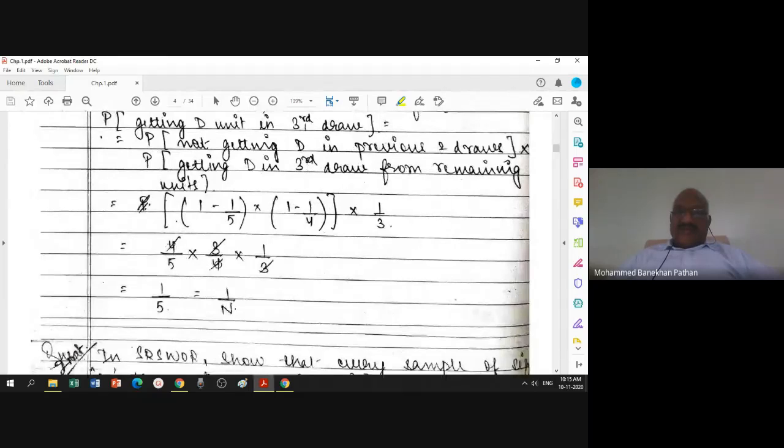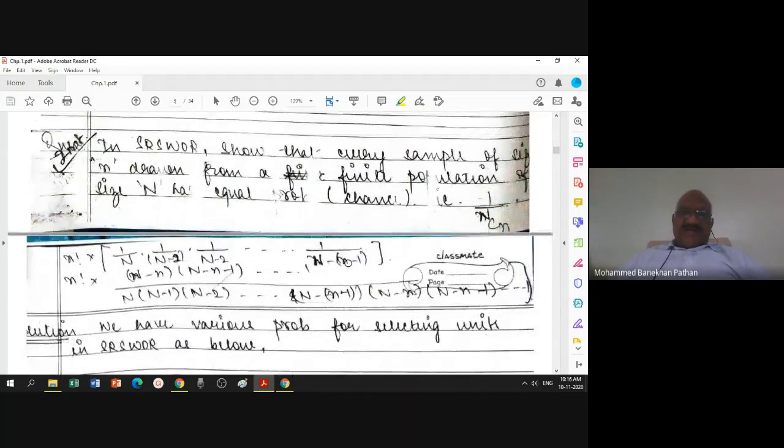The method continues for any number of population units and corresponding sample size. Finally, I got the answer 1 by 5. For this particular example, 5 is nothing but the population size. Hence, this numerical example illustrates the proof which I explained above.